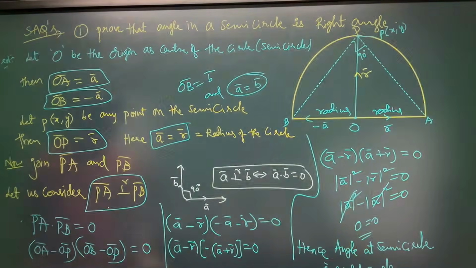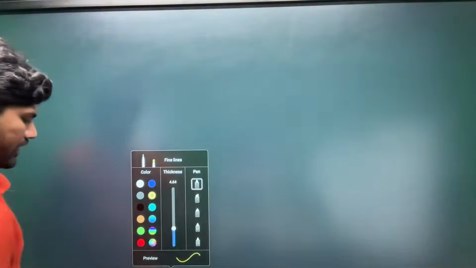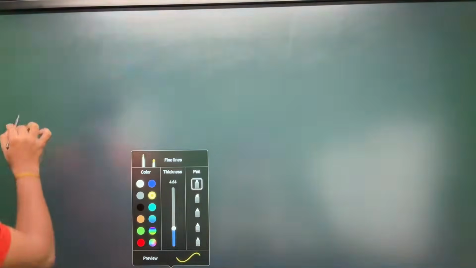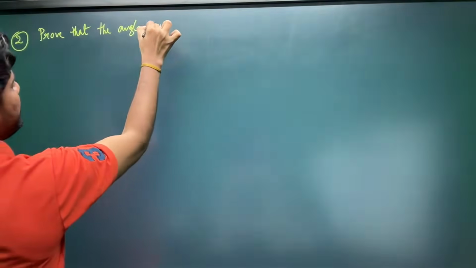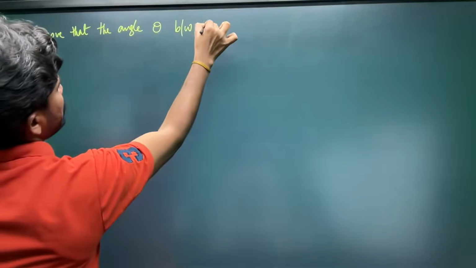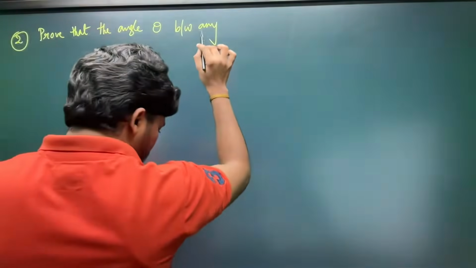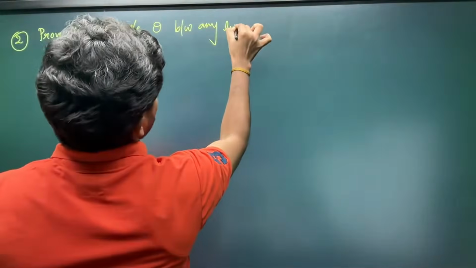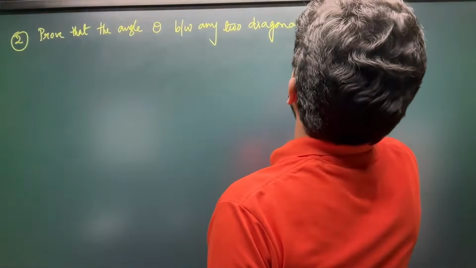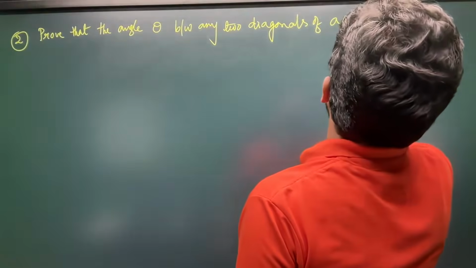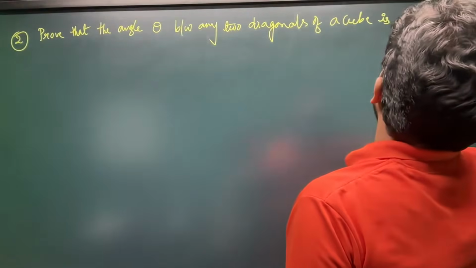Okay, so next one more important problem I am going to explain here. Prove that, the second one, very important: prove that the angle theta between any two diagonals of a cube is 1/3.